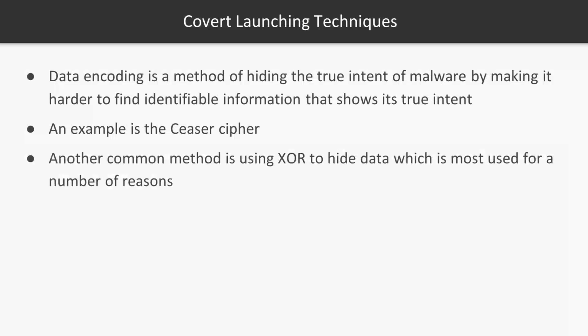Another common method is using XOR, for quite a number of reasons. XOR is very efficient when it comes to malware. If we run it once, we get a sort of encrypted data using a certain key.